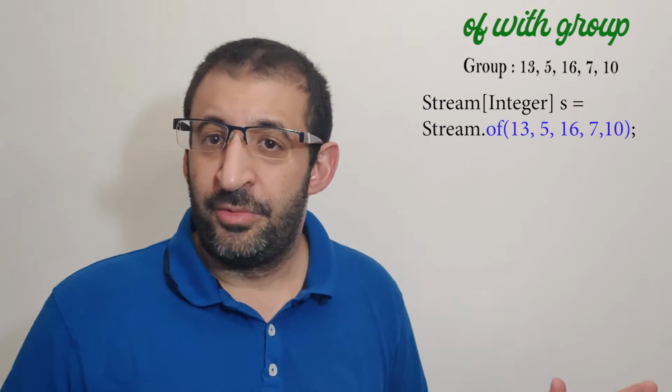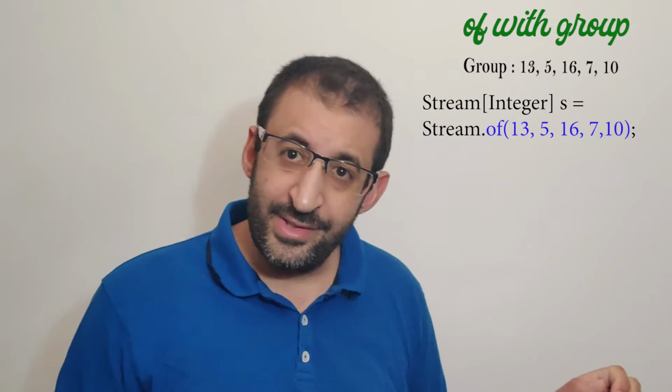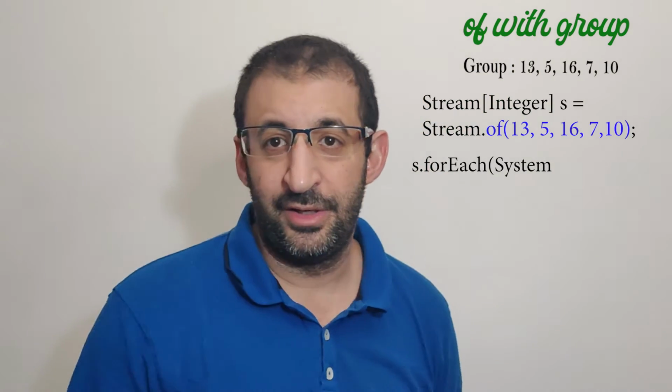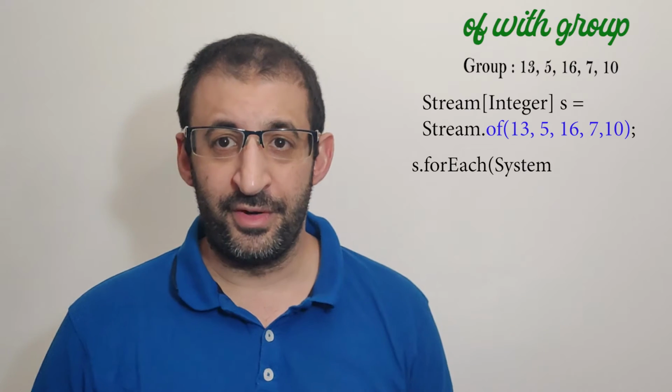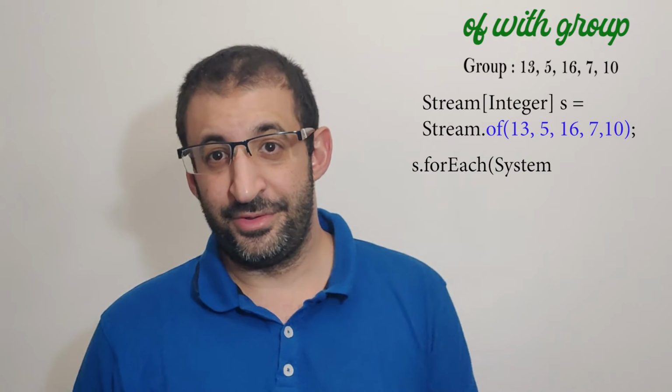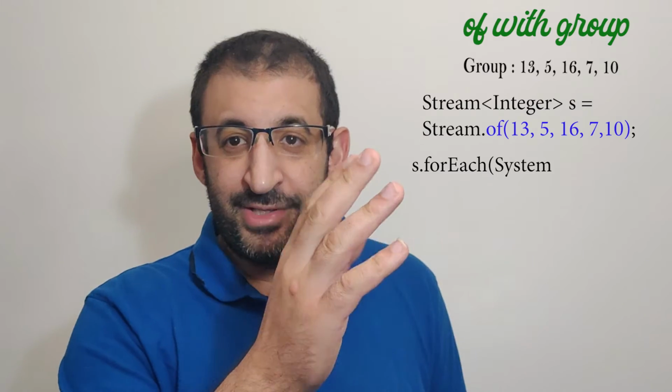Now that I have my stream, I can use any method that I want. For example, s.forEach, I will display this group of values. s.forEach, and here I will use the method reference directly: System.out double colon println. That is the first example.